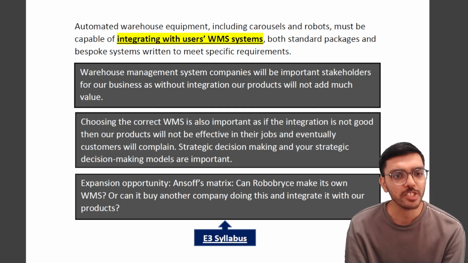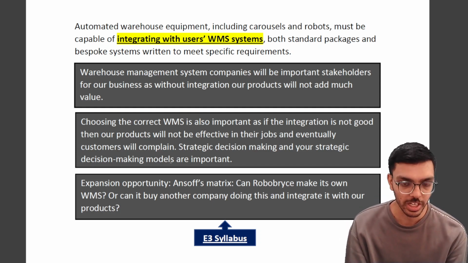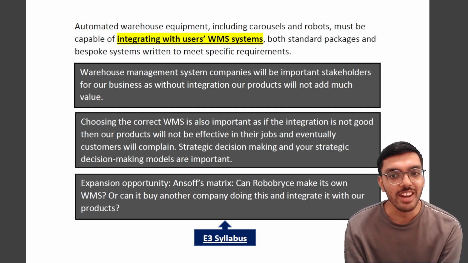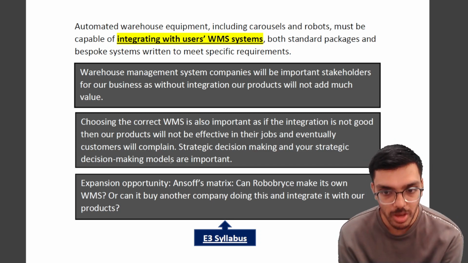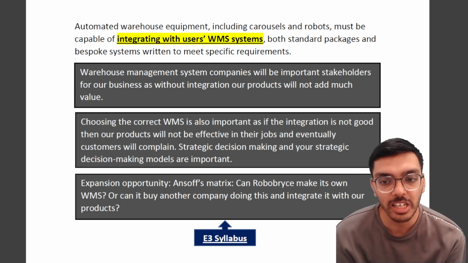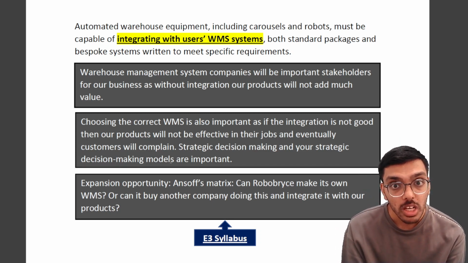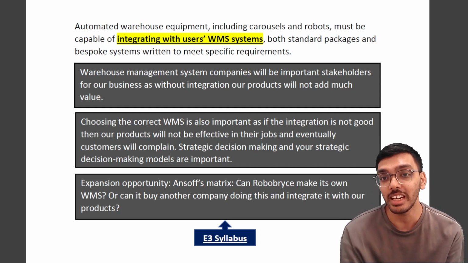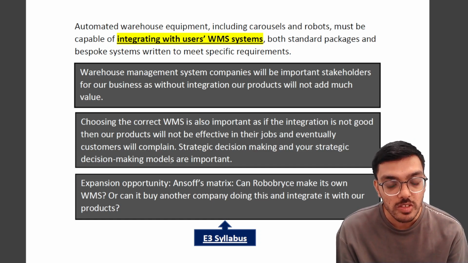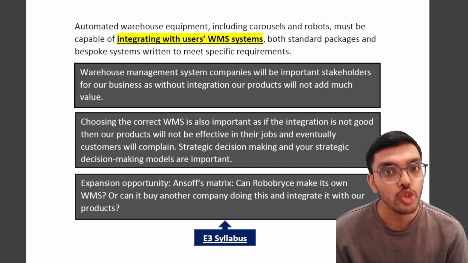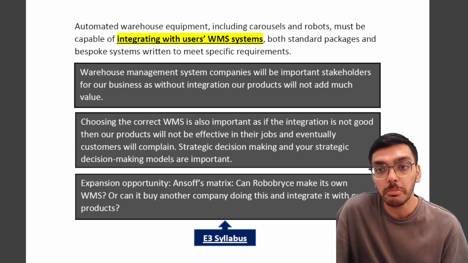Also, I'm thinking about expansion opportunity. Ansoff's matrix, E3 again. Can Robobryce make its own WMS, or can it purchase a company who makes WMSs and then integrate it with my own product? That is the way forward. In the industry analysis we also read that companies are looking at acquisitions for staying ahead. So it could be something that you can keep in mind.